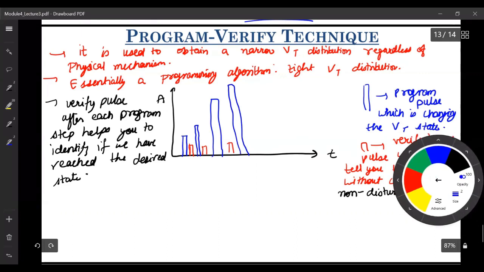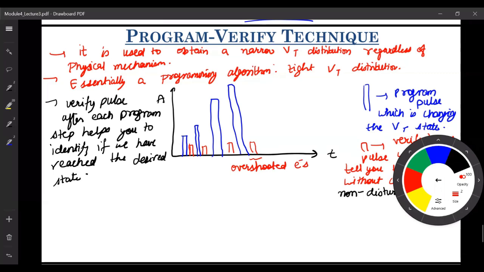Let's say we overshot the value that we wanted to reach. We overprogrammed it. We injected more electrons than what was needed. So then we need to remove those electrons. After verifying the state, we found that we have overshot the number of electrons, and we have to extract some electrons out of it.